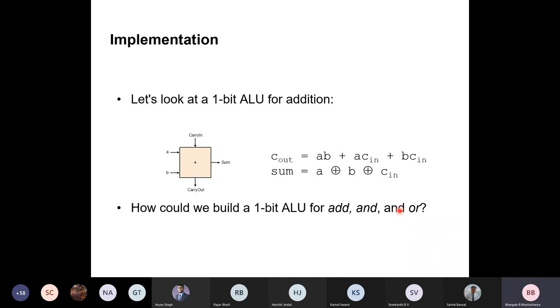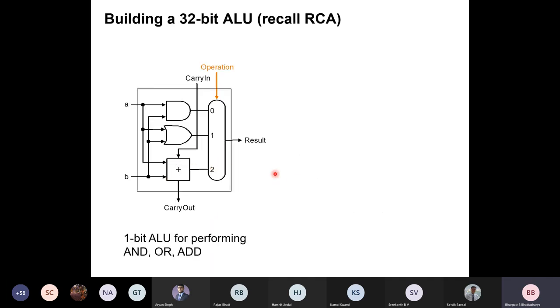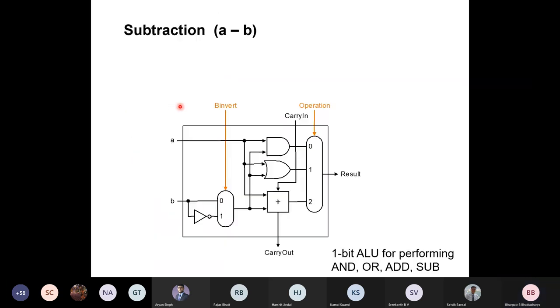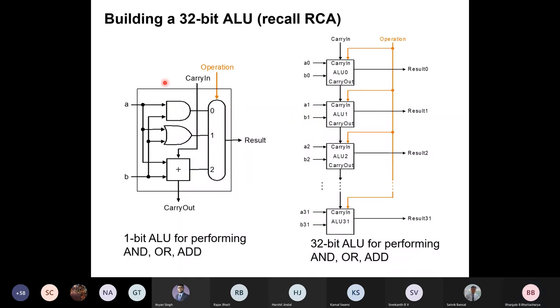Let's first look at the 1-bit ALU for addition. We already know that this is the majority function and the parity function, which can perform the sum operation. This block is a 1-bit ALU for performing AND, OR and addition. You have 2 inputs A and B, a single AND gate here, a single OR gate here, and this is the full adder block.